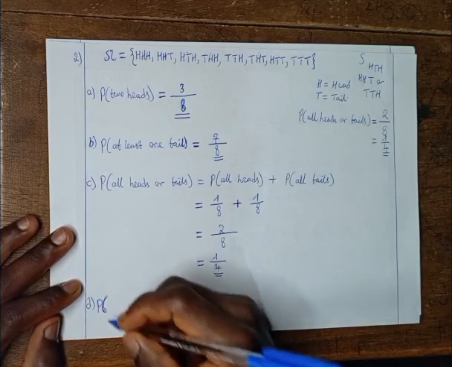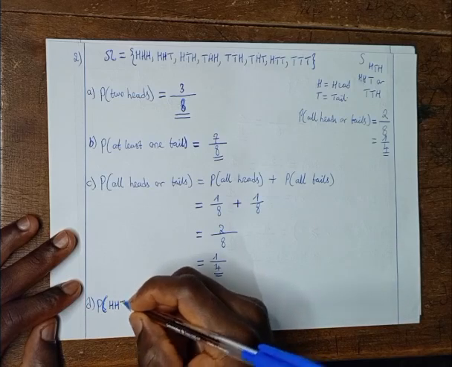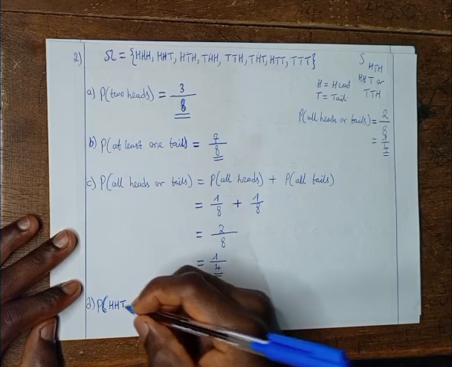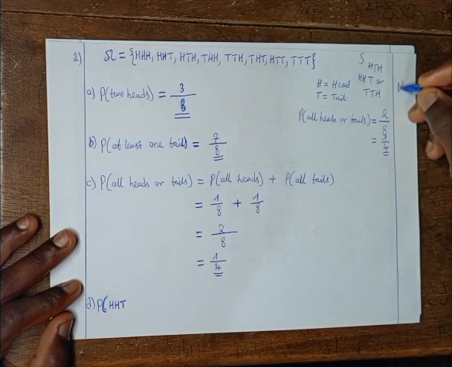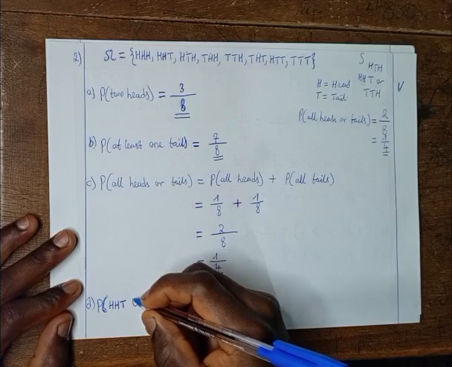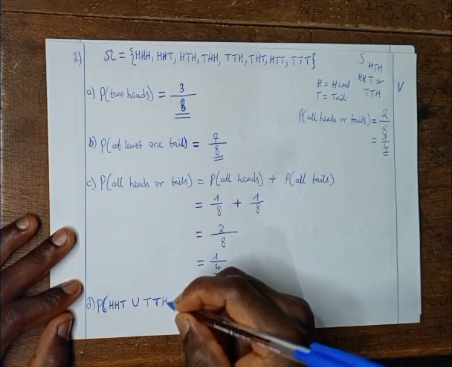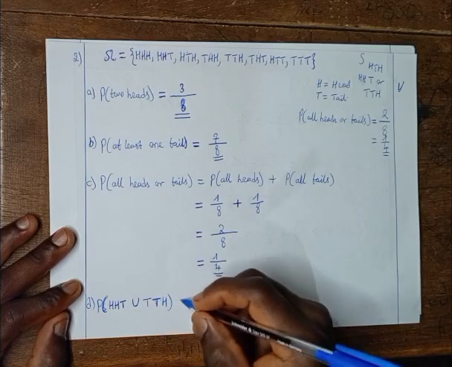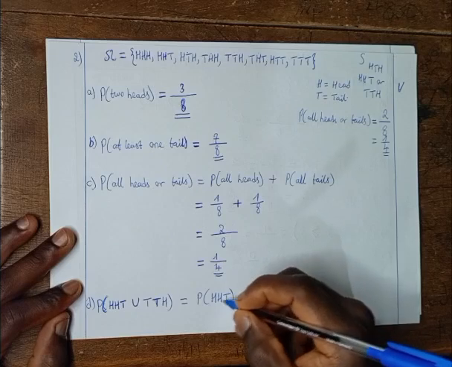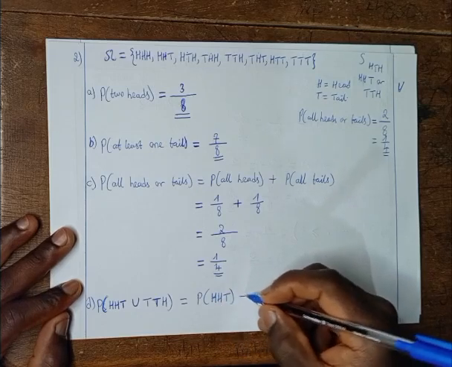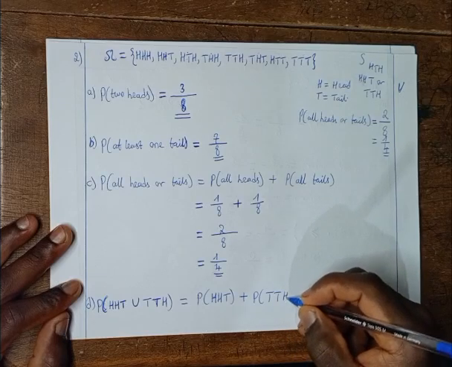So in this case, we need the probability of having 2 heads. I'll write it down as such: head, tail, or, by making use of union, tail, head. This will simply be equal to the probability of getting 2 heads and a tail plus the probability of getting 2 tails and a head.